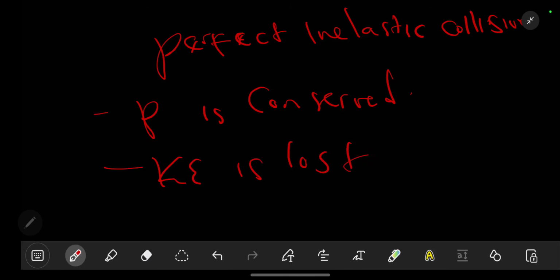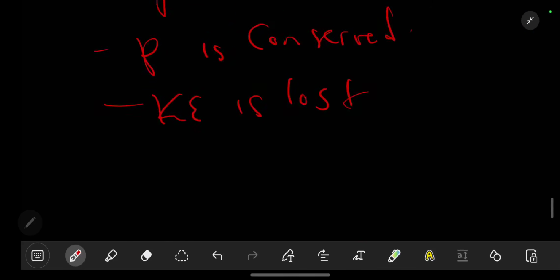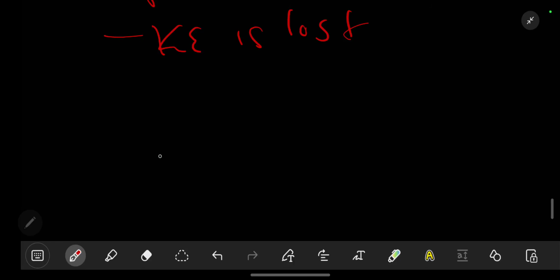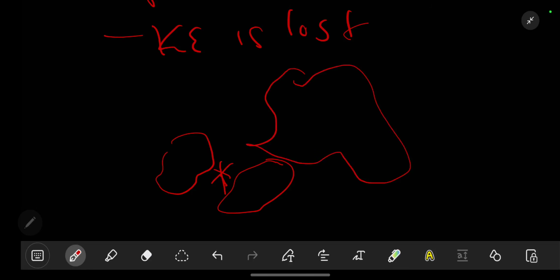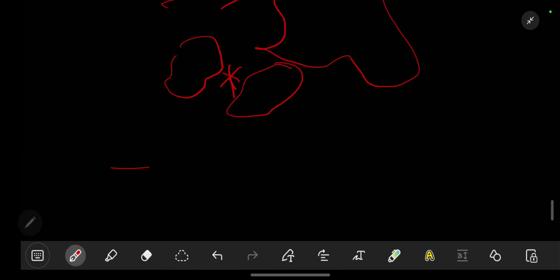Now what's the difference between perfect inelastic and elastic? Perfect inelastic is, let's say two asteroids moving in space strike each other, and then they form one mass. That is what we call perfect inelastic collision. So they stick to each other.